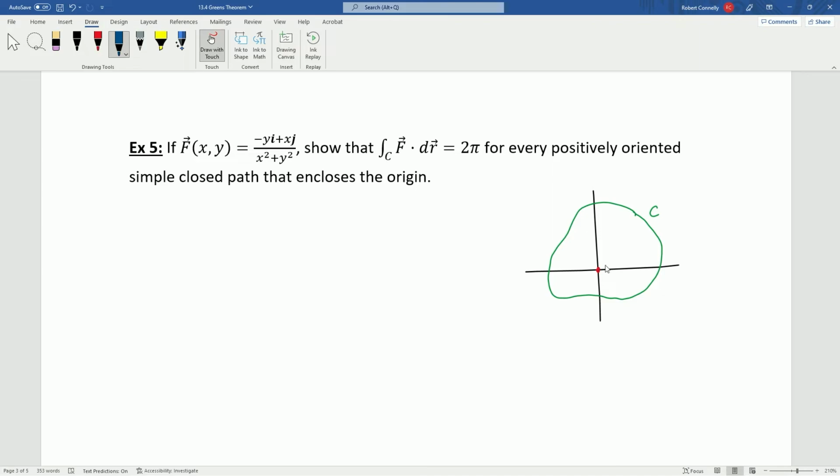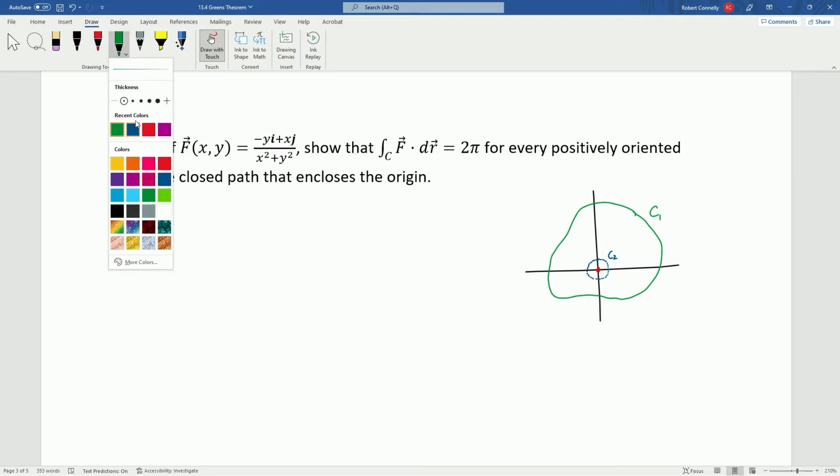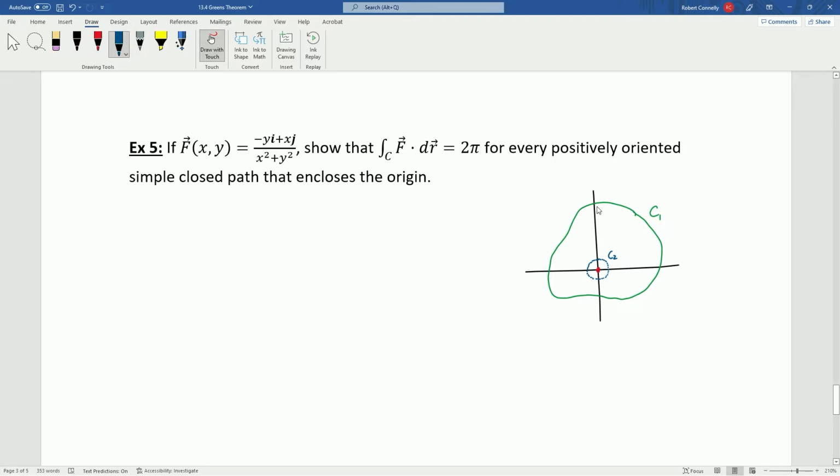I could make this inner curve anything I want, but I'm going to pick something useful. So I'm going to make this a circle that I'm going to call C2, and we'll call this other one C. Then you could divide this up in the usual way, with a path going to here and a path going to here, and so forth.